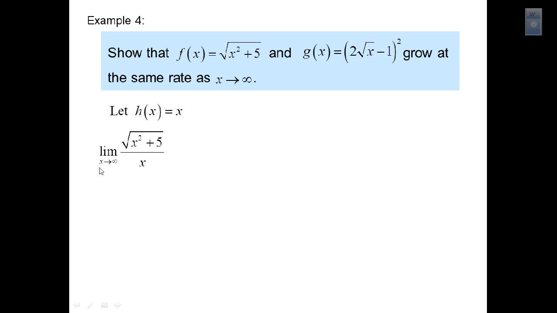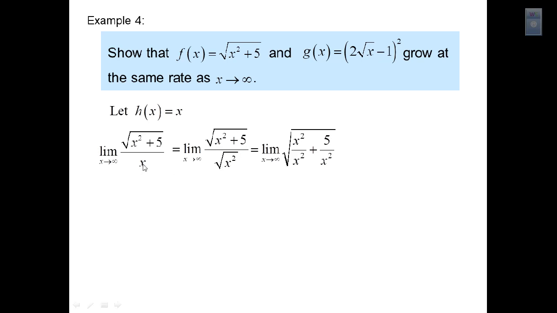So let's take the limit as x approaches infinity of the square root of x squared plus 5 over x. Well, of course, as x goes to infinity, the 5 becomes negligible. So we end up with the square root of x squared. Or we can do it this way. This is a little longer version, but we can do the x squared on the bottom.